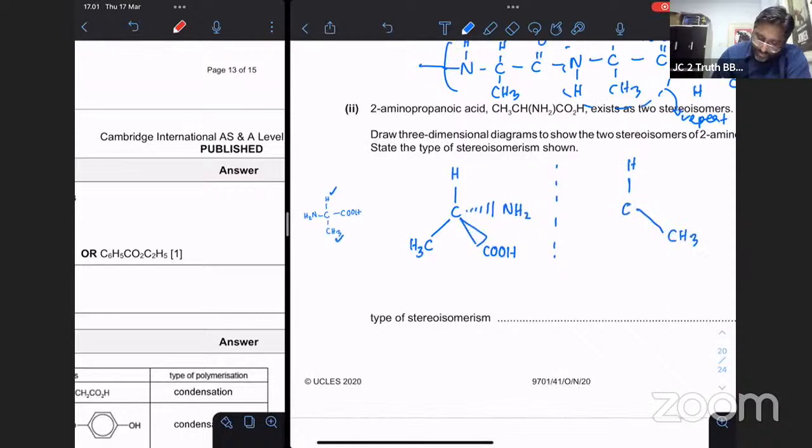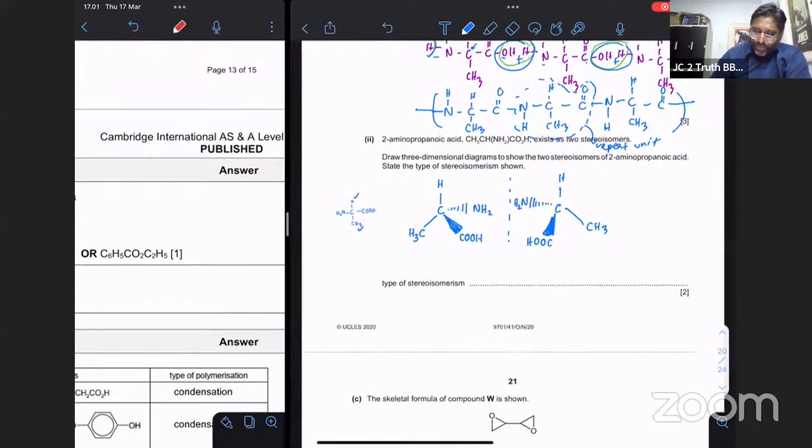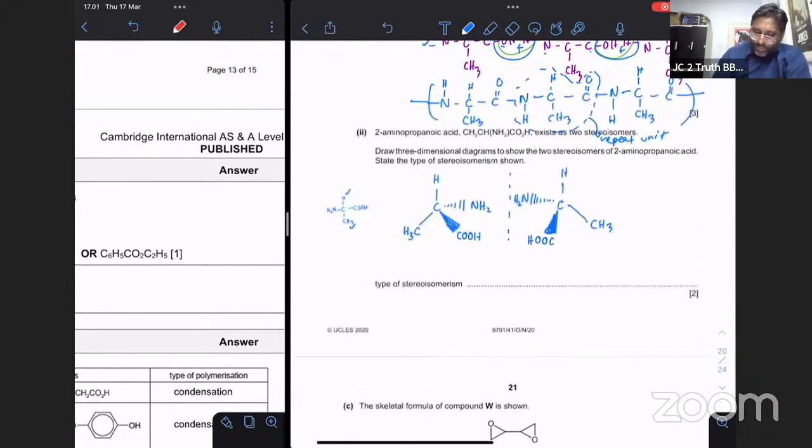This one, if the mirror is coming here, to here, so of course this one has to come over here, and then you just put COOH, and then here, NH2, you just put NH2. So this is going to be the 3D diagram. And then the type of isomerism is optical isomerism.